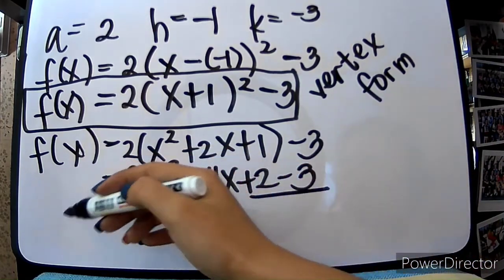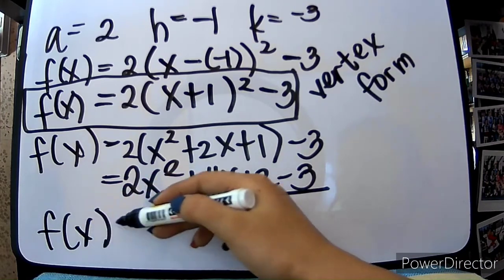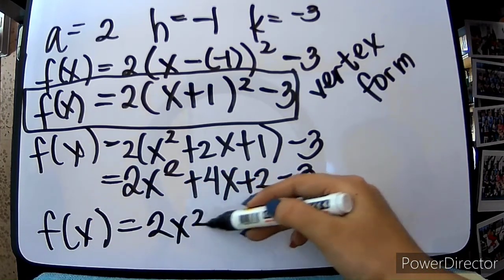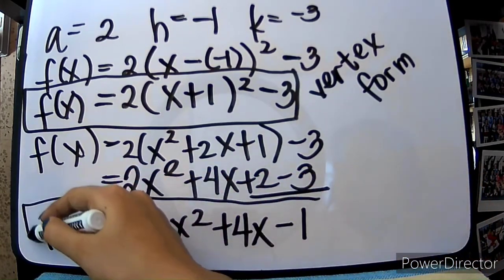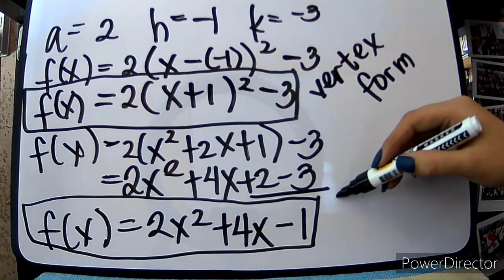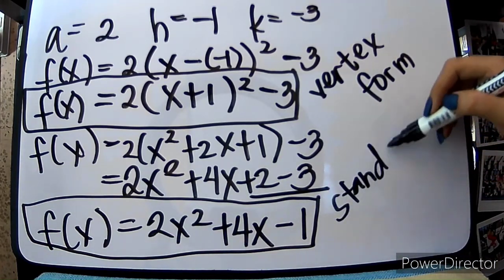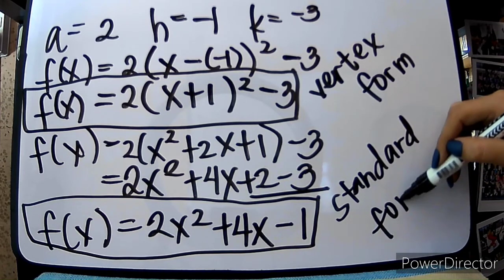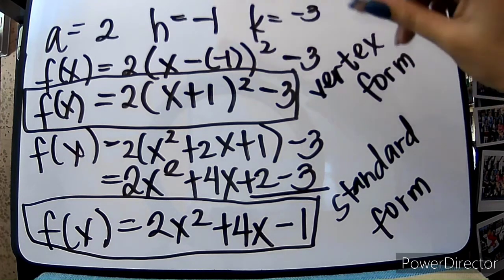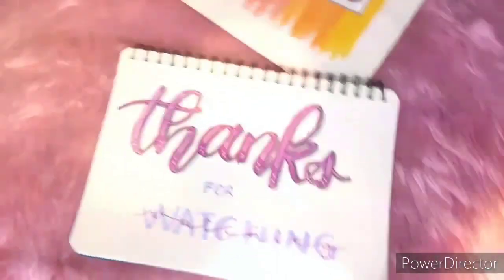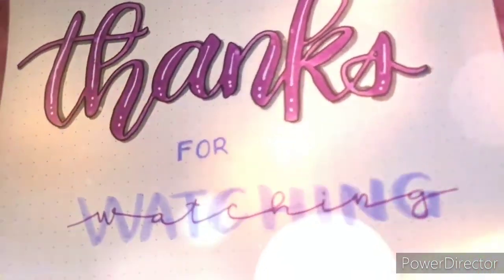Then let's do the operation sa dulo, which is -1. Okay, so this is what we call the standard form, or again sa iba po ay general form. So that is our example in deriving the quadratic function given a point, a vertex, and a point.